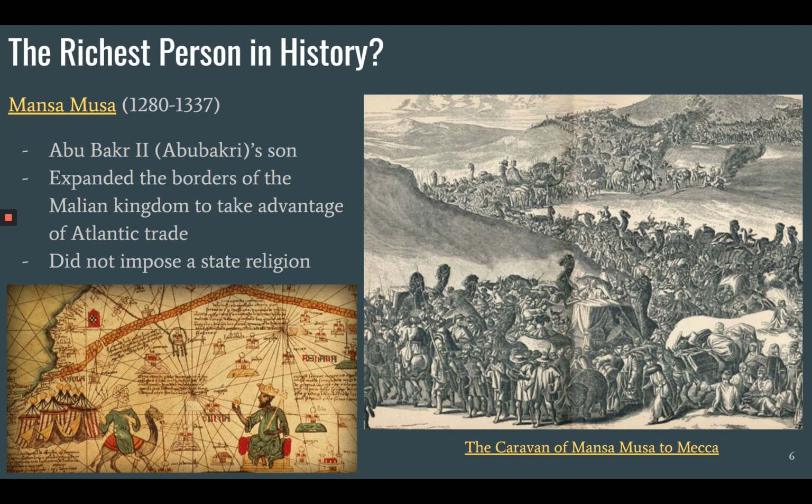But at the same time, neither he nor his father nor the others in his line imposed Islam as a state religion. It was merely something that a lot of people followed in their state. So the Mali state is probably a mix of African native beliefs, ancestor worship, spirit worship, earth worship, alongside Islam as two sets of beliefs that were considered compatible.